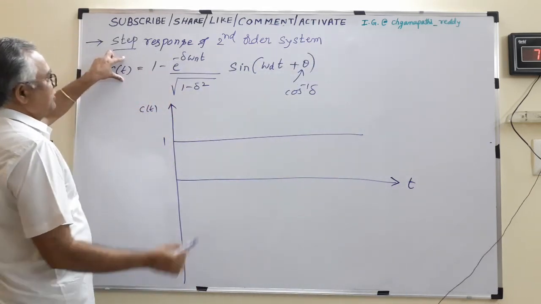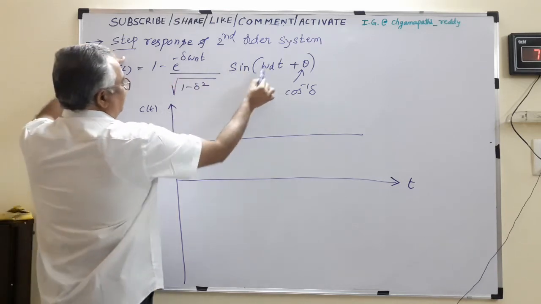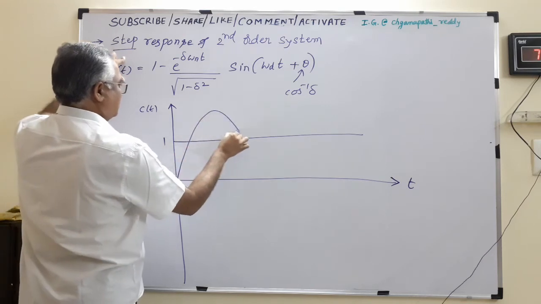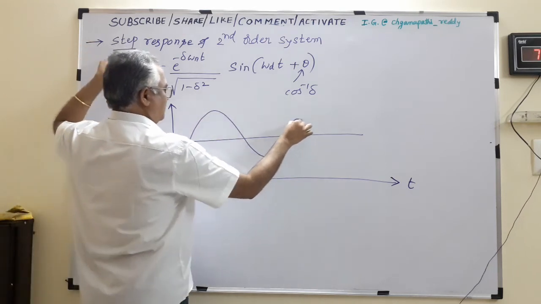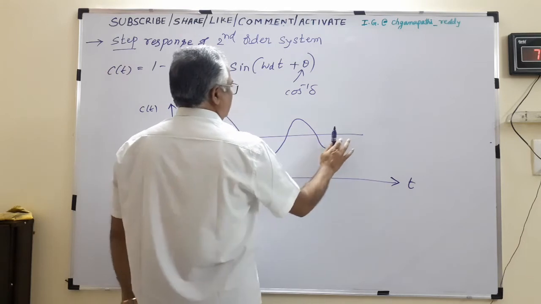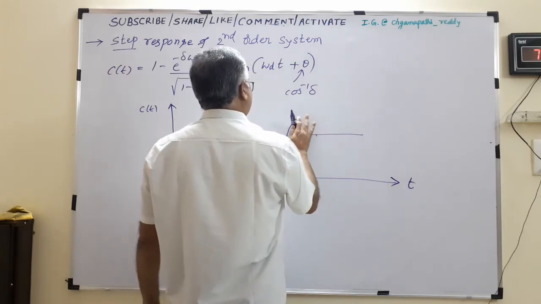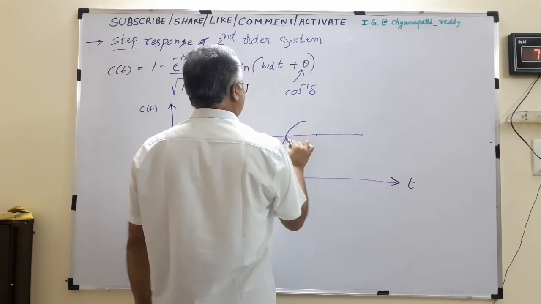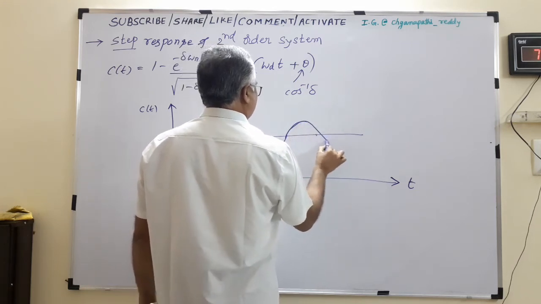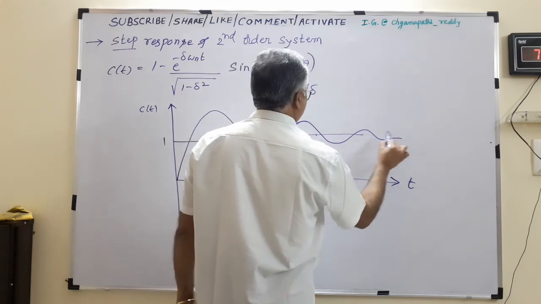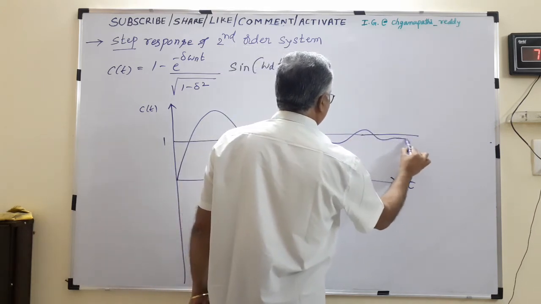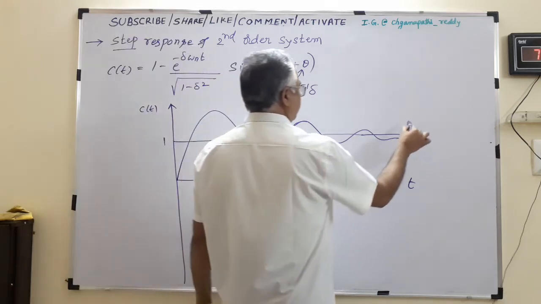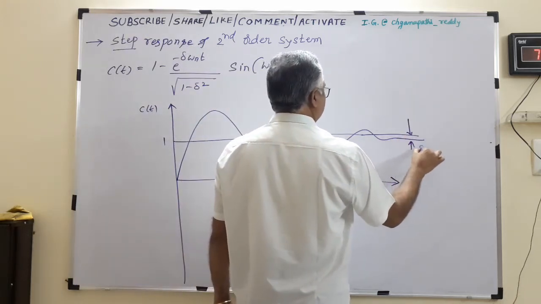This is rising exponentially, but the sine function is also there, so it will go like this. And this gap is the steady state error.